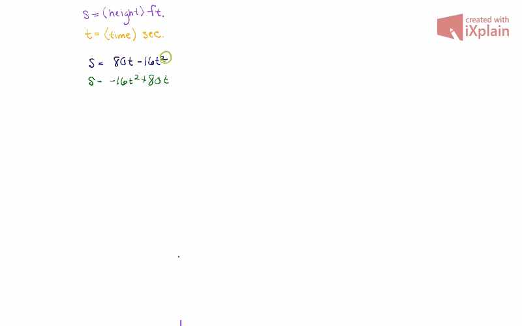I've just rearranged the right-hand side. And the reason why I'm allowed to do that is because of our commutative property of addition. I'm allowed to move terms around. It's very similar to a situation where if I said 3 plus 4 is the same thing as 4 plus 3.